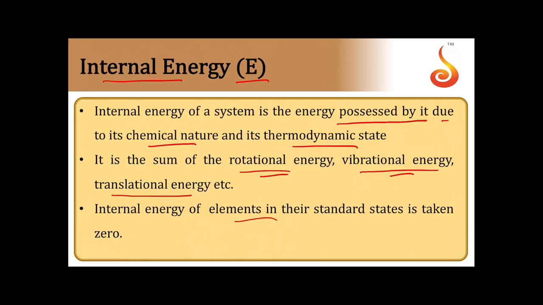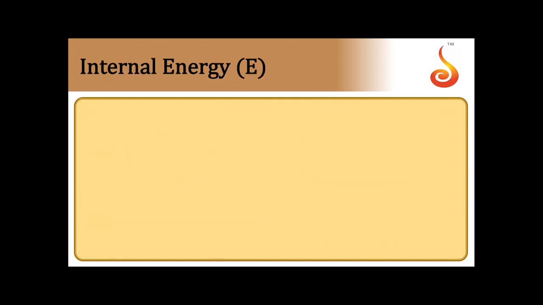The internal energy of the elements in their standard state is defined as zero. Say for example, if you take carbon in graphite form, the energy is taken as zero.